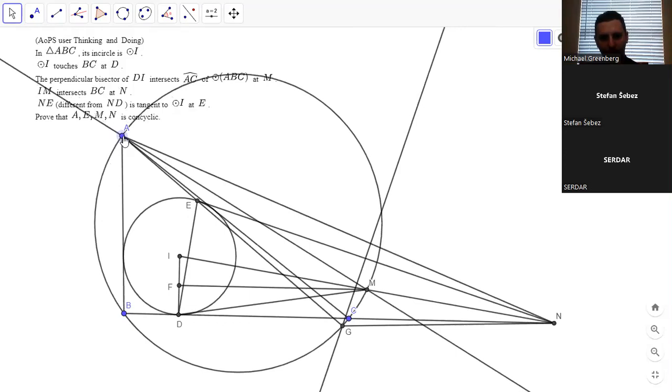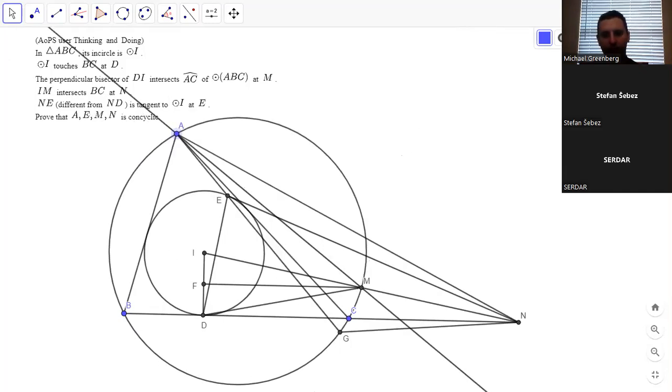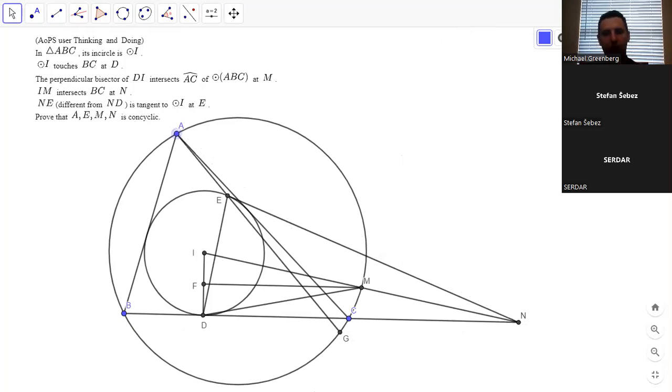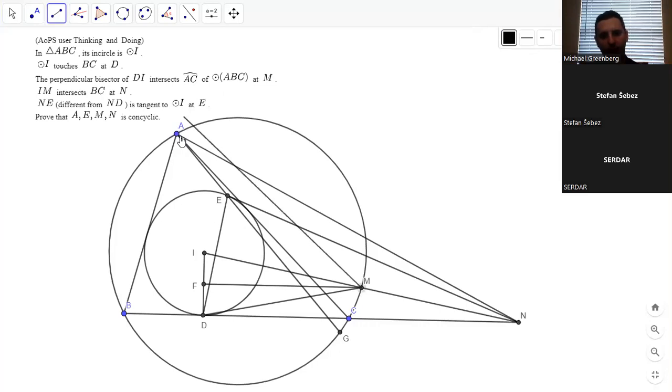You can kind of tell from that picture. But we know AM is an angle bisector. How do we know that AM is an angle bisector here? We don't know, but we want to prove it.